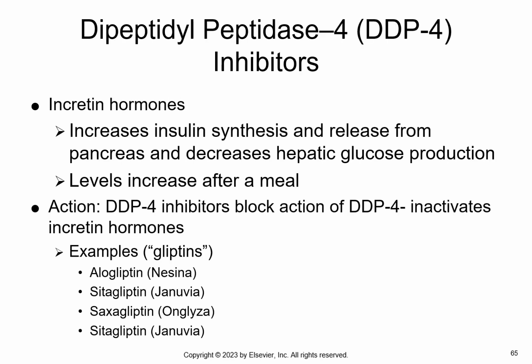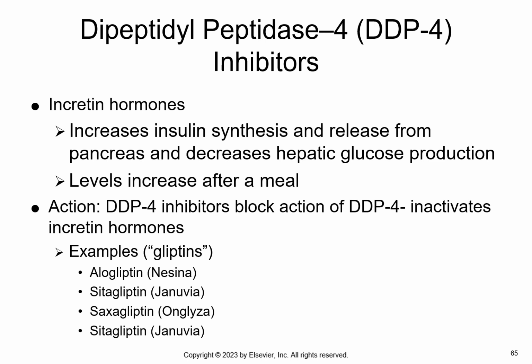When we look at dipeptidyl peptidase 4 inhibitors, normally the intestines release incretin hormones throughout the day. When glucose levels are normal or high, incretins increase insulin synthesis and release from the pancreas and decrease liver glucose production. Incretin levels increase after a meal.